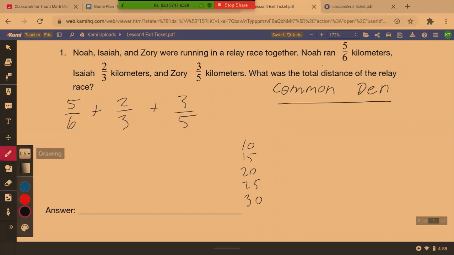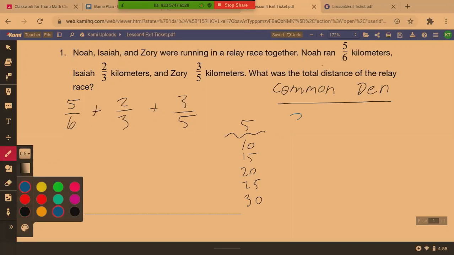I'm doing 5 first because those are round numbers that are easy to check. So I'm going to be checking 3 and 6. Can 3 go into 10? Nope. Can 3 go into 15? Yes. Okay, so can 6 go into 15? It does not go into 15.